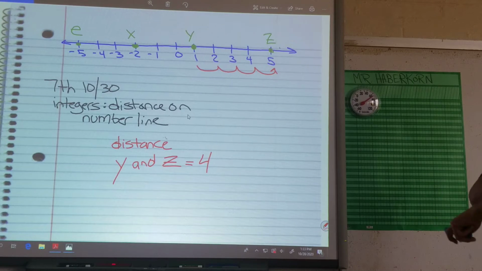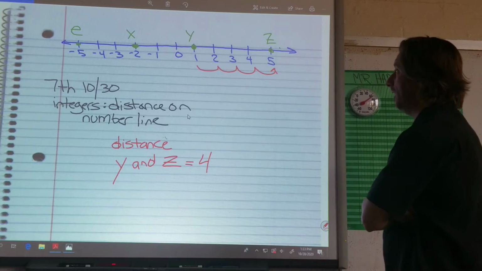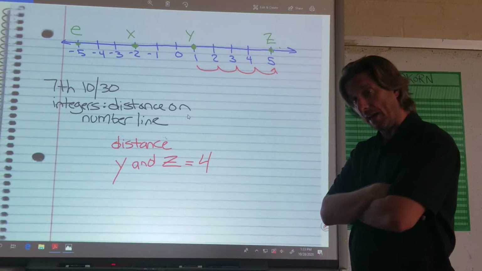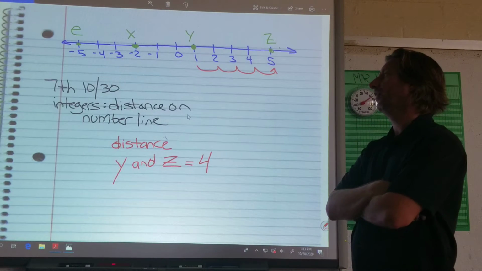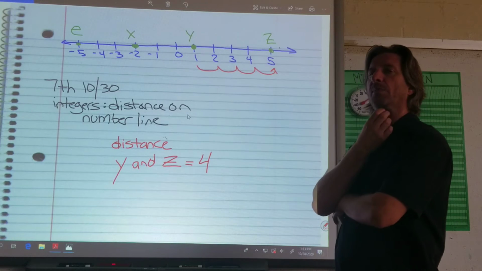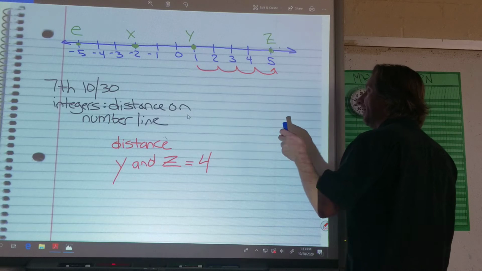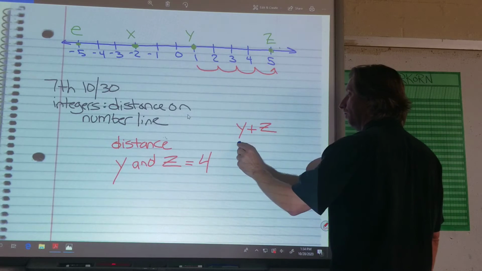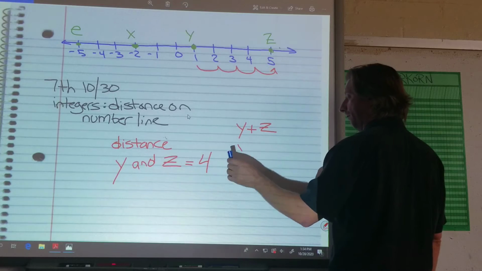All right, now, in order to get that answer, there's a way to do it without drawing a number line and without drawing any loops. It's going to get tricky when we get to the negative ones, but I'm just going to show it to you with the positive one. Did I take Y plus Z to get this answer?